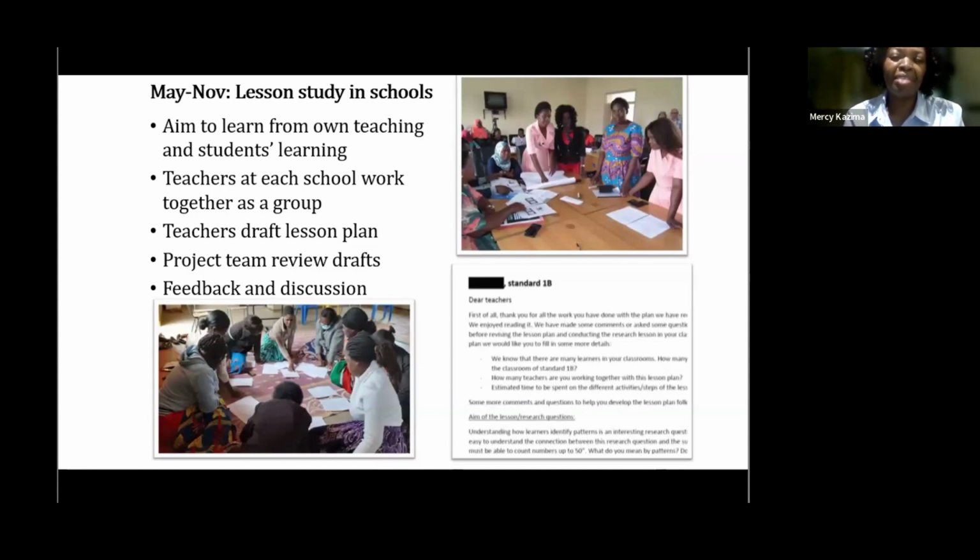So they would draft a lesson plan, and the project team would look at this lesson plan and review it and give written feedback. But then we'd also visit the schools and discuss with the teachers about the lesson plan and how to improve it and so on. Then they would revise the lesson plan.